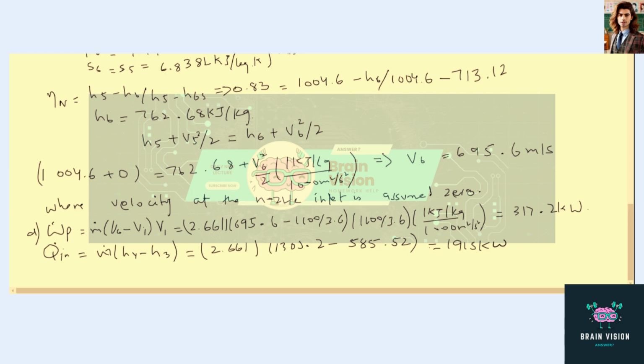So finally the propulsive efficiency will be equal to propulsive power divided by heat added. Putting the values, the answer would be 0.1656, that is, efficiency is 16.6%. This is our answer. Thank you.